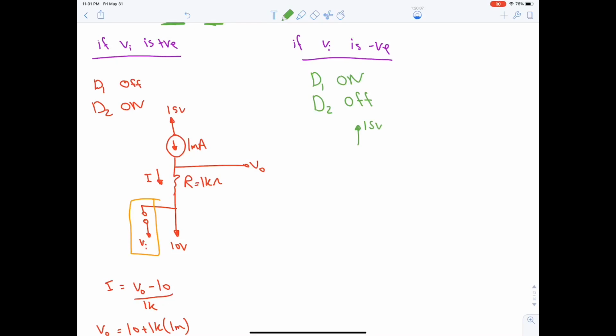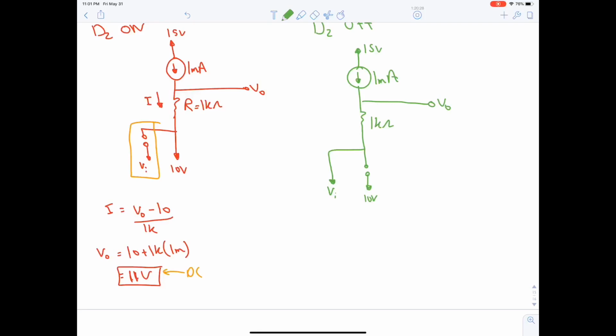15 volt. This is 1 milliampere. 1 kilo ohm, V output, VI, and this is open circuit 10 volt. Okay, now how do you calculate V output?